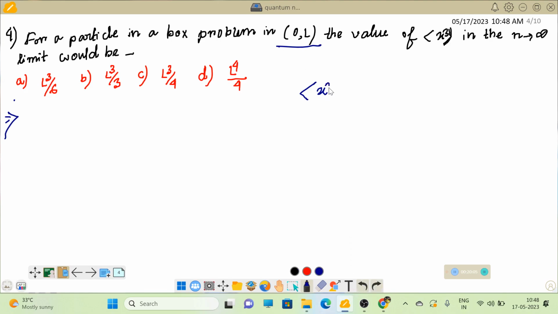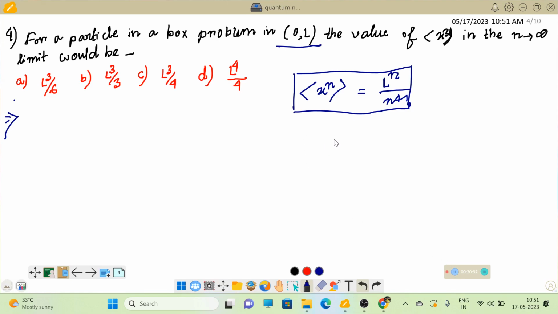If they are asking about the average of x to the power n, the answer will be L to the power n by n plus 1. This is the short trick of this average value.